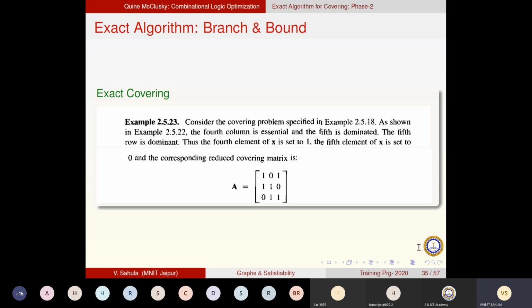I am running a little late. So I should say we'll cover this approximate method for phase 2 very quickly in 10 minutes and maybe 10 more minutes for phase 1 approximate, and then I will hand over to Amit. Half an hour I will require after lunch, and then over to Amit for another approximate method for FSM minimization.